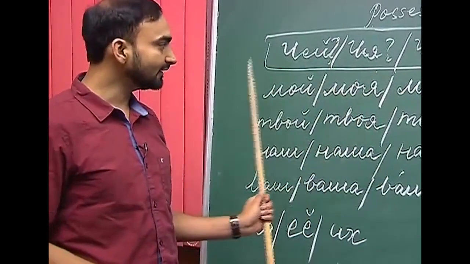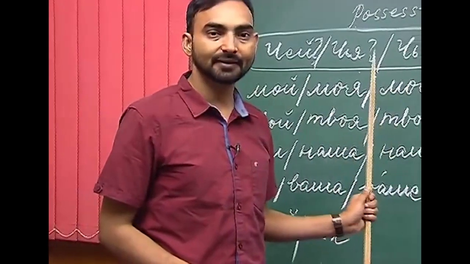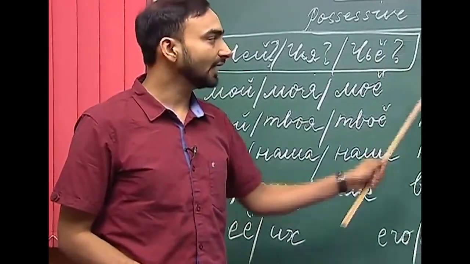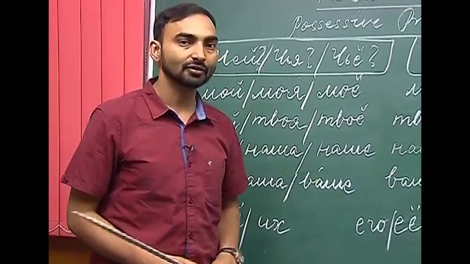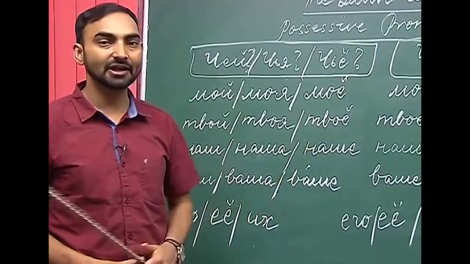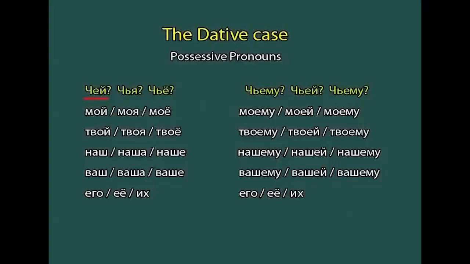So, what happens when any of these three possessive pronouns is used in the dative case? Let us first discuss the interrogative word. Chei in the dative case becomes chimu; chia becomes chiei; chio becomes chimu. So, masculine and neuter are the same.